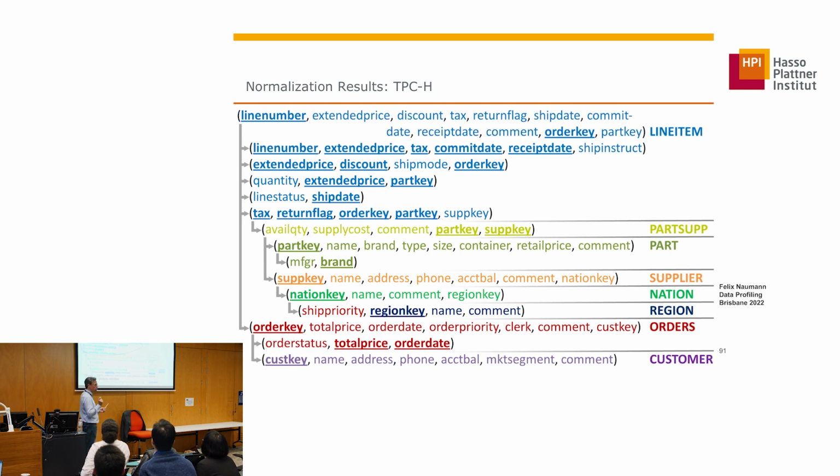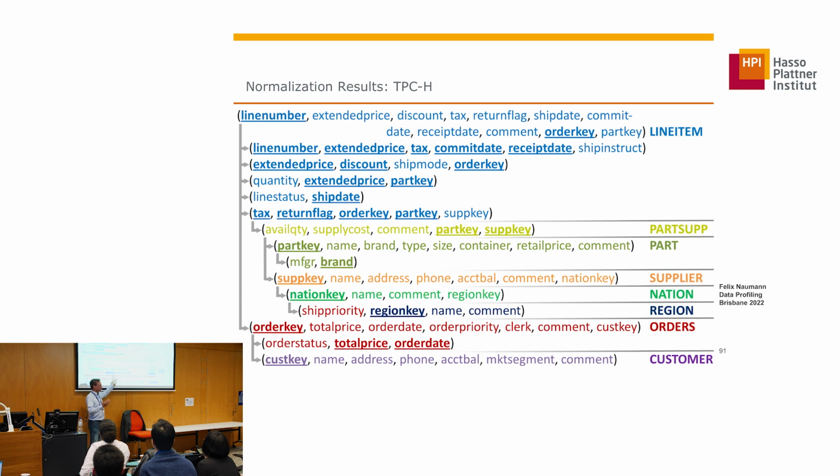There's one actual mistake, if you will, which is this one here, you can see, right? So we have the region table with a name and a comment about the region, Africa, Asia, et cetera, and then the shipping priority went into that table. And it originally was in the order table. An order has a shipping priority, next day delivery or whatnot, right? But actually there's a dependency in the schema, so the shipping priority is actually dependent on the region key.